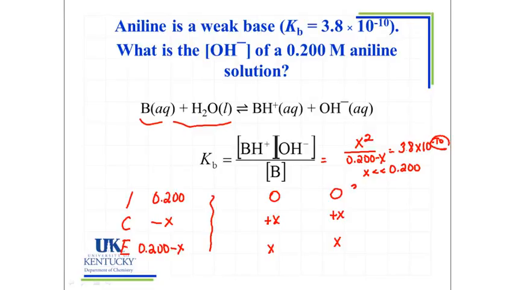So now I have 3.8 times 10 to the minus 10 equals X squared over 0.200. When I solve for X squared, I end up with X squared equals 7.6 times 10 to the minus 11th. I take the square root of that, and I find that I get X equal to 8.7 times 10 to the minus 6th.